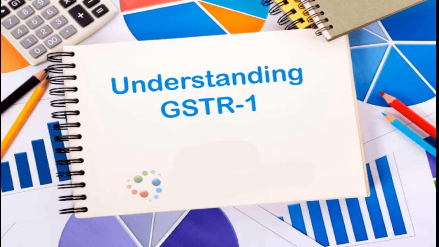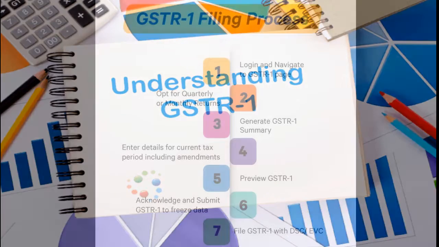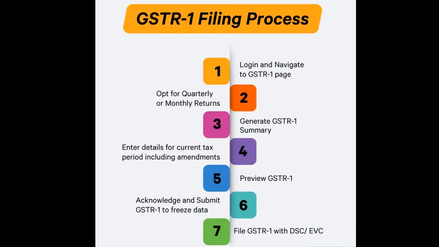Hello students, in this video you will come to know what is GSTR 1 and how to file GSTR 1 return. GSTR 1 is a monthly return of outward supplies. It is a return showing all the sales transactions of a business.